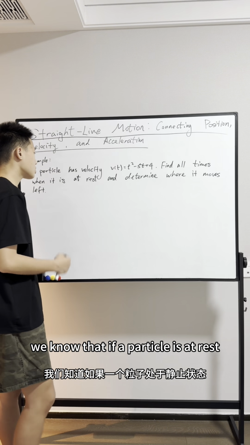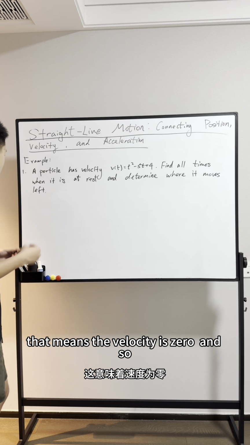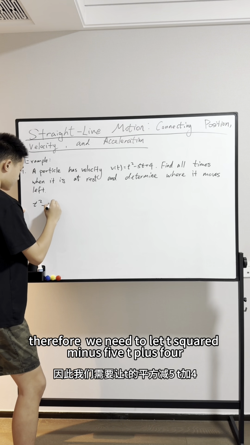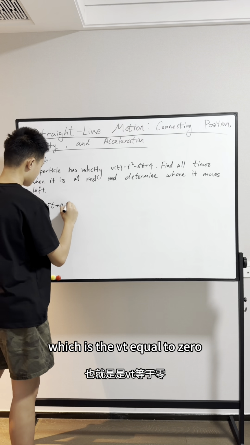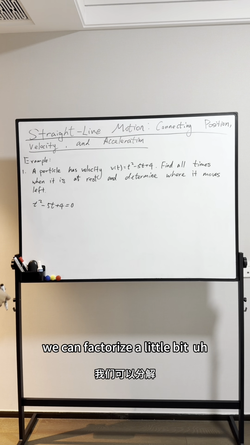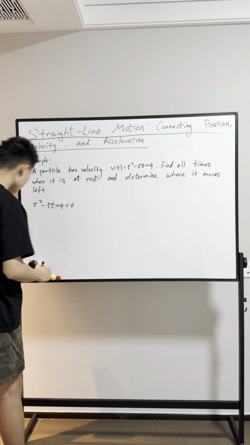We know that if a particle is at rest, that means the velocity is zero. And so, therefore, we need to let t squared minus 5t plus 4, which is v(t), equal to zero. With this function, we can factorize to make it easier.